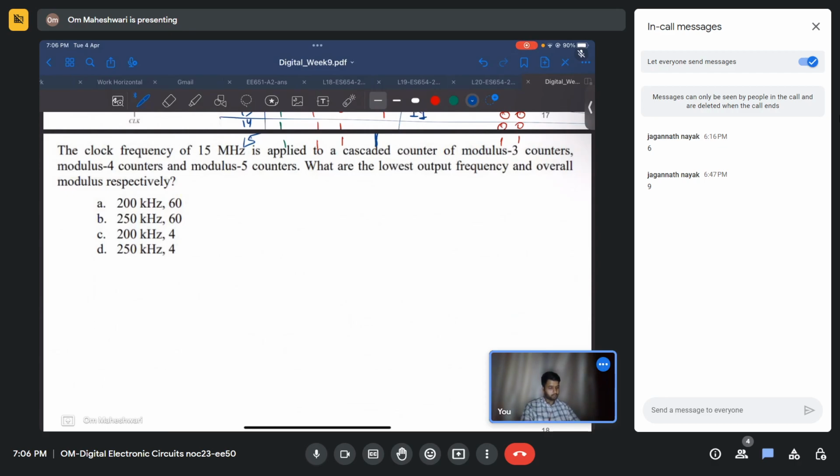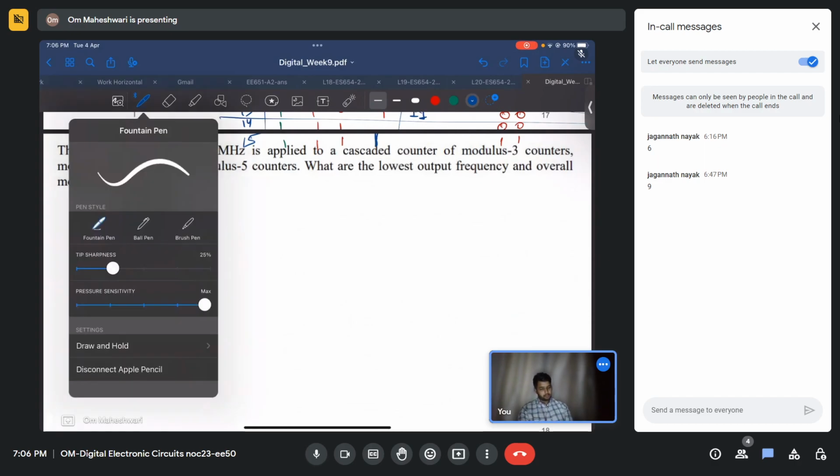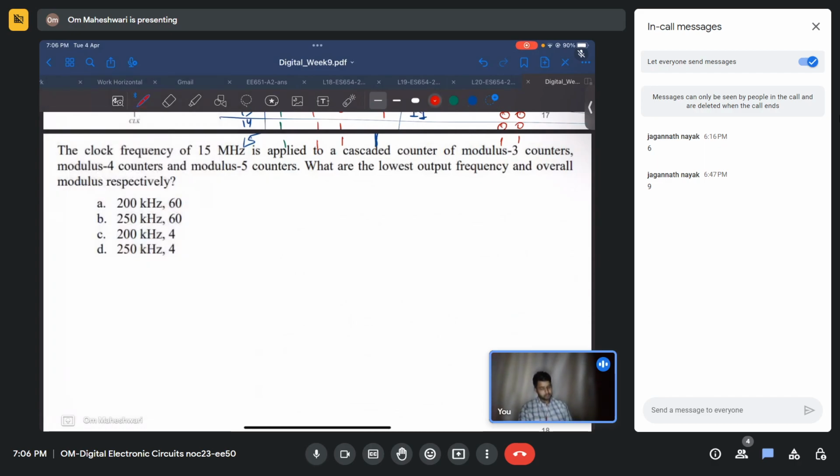What is the lowest output frequency and overall modulus respectively? So give us some relations. Frequency is 15 MHz, that is 15 into 10 to the power 6 hertz. First information is this. Then we have mod 3, mod 4 and mod 5 counters.